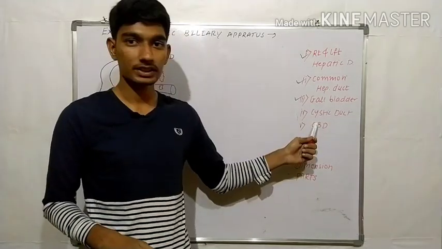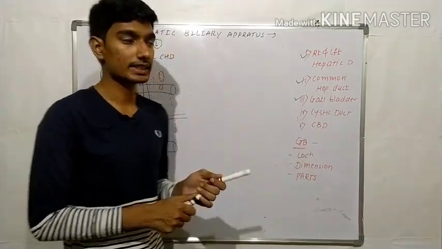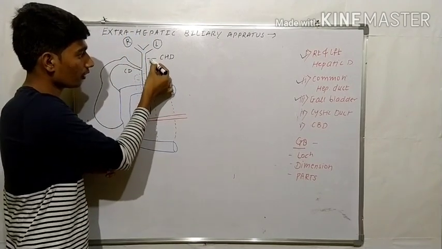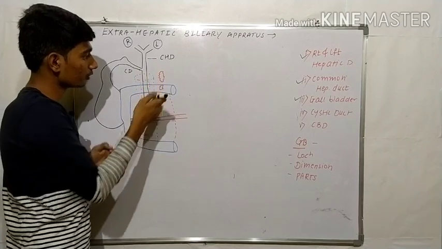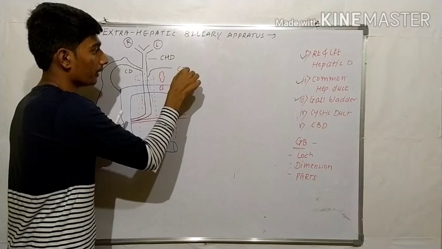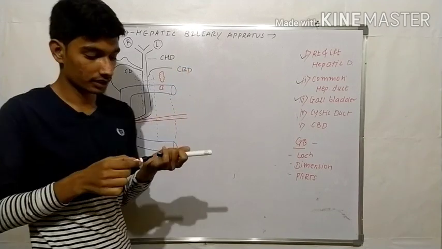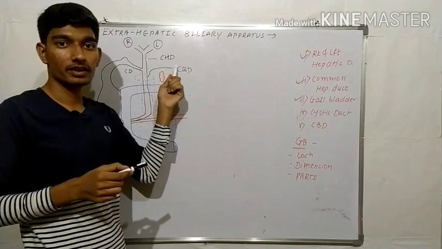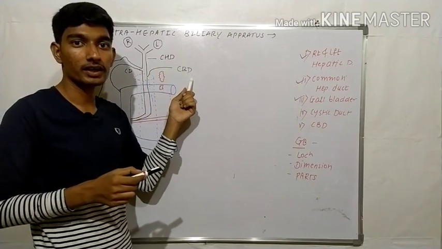Now we will discuss the cystic duct. As we have studied, it joins with the common hepatic duct and forms the common bile duct.